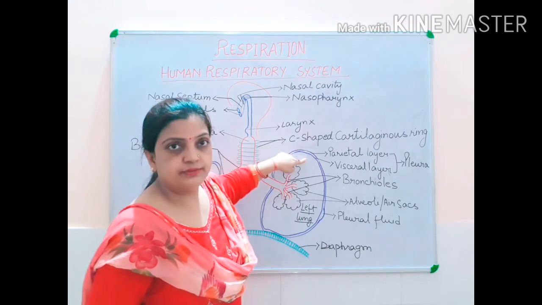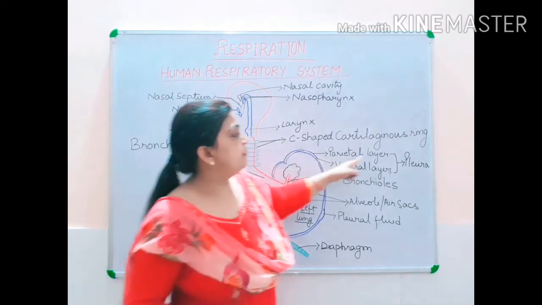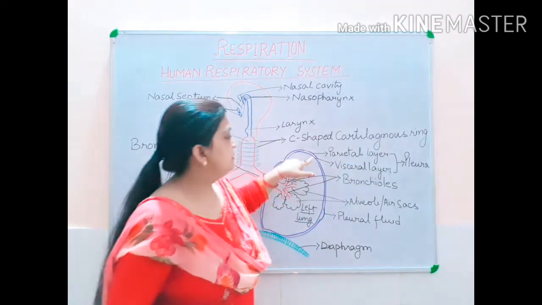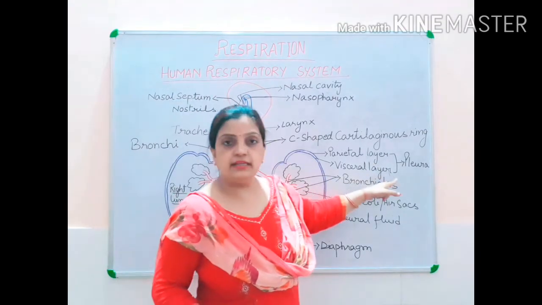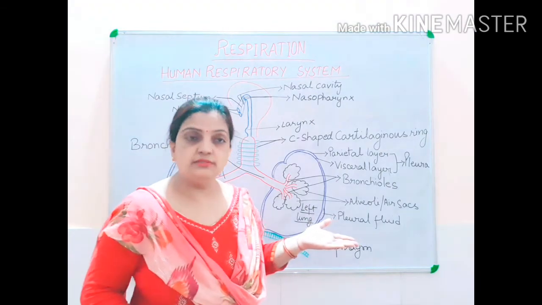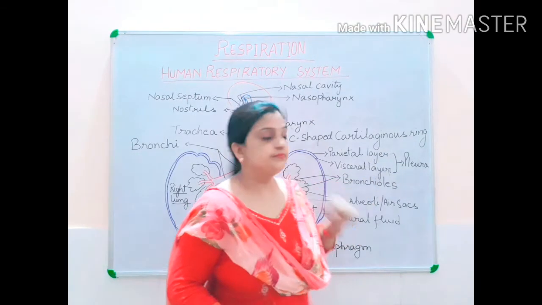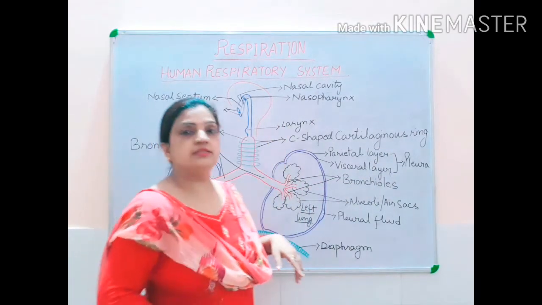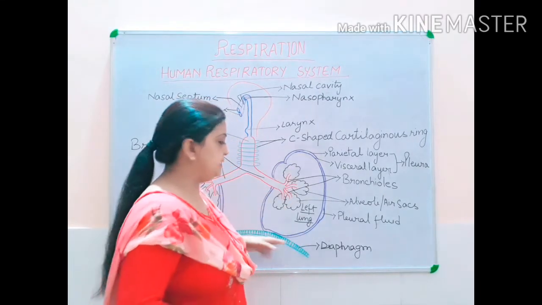The outer wall is called the parietal layer, the inner wall is called the visceral layer, and I told you the wall of the lung is called pleura. So this is pleura.